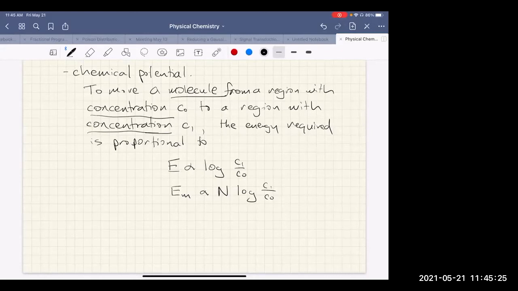So continuing this discussion, going back to our table. One thing I'd like to point out is that this energy is actually very small. The constant of proportionality is very small.